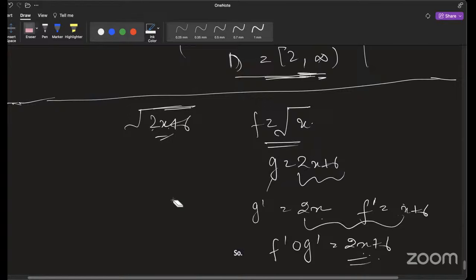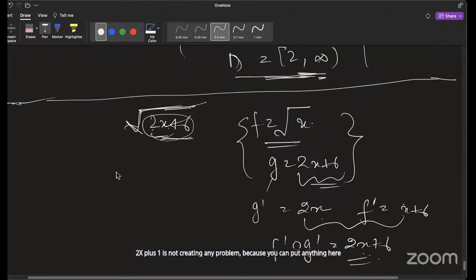So I was exactly asking, how that g dash of x, what does that mean exactly? You just need to find, because this is the main function here. Even if you don't do it this way, the problem is that 2x plus 6 is not creating any problem because you can put anything in this one. The problem is with the square root.